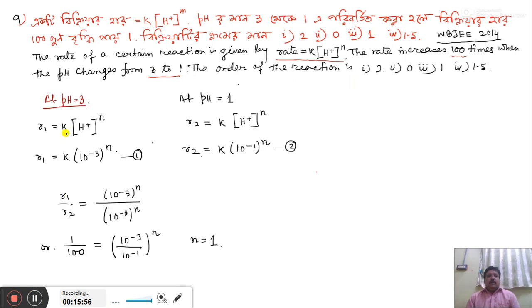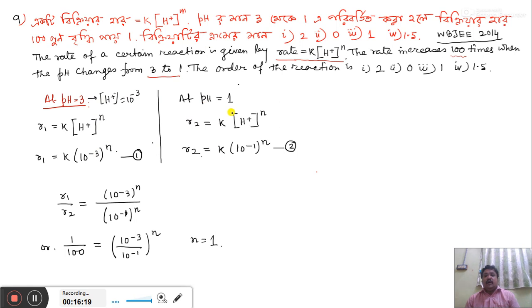Now we know at pH 3, rate R1 is equal to K into molar concentration of H plus to the power n. So R1 is equal to K into 10 to the power minus 3 whole to the power n. At pH 3 the molar concentration of H plus is 10 to the power minus 3 gram per liter.